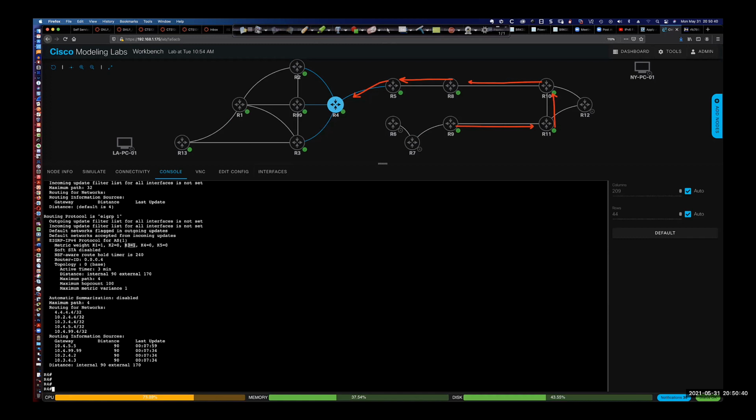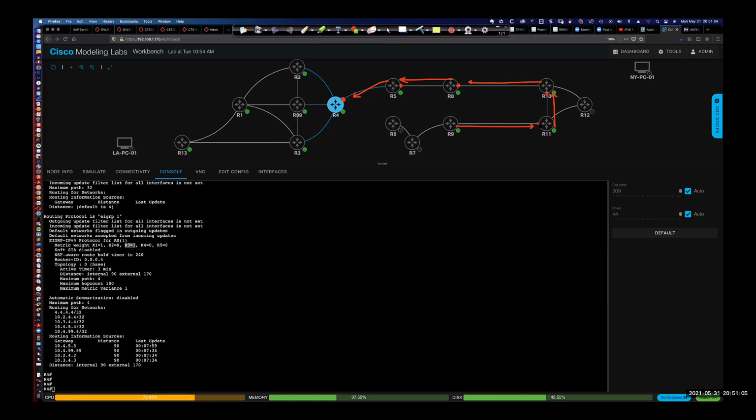Now, with the delay, it's the cumulative delay. In other words, from router 4's perspective, and this is very important to understand, the delay on the outgoing interface here, the outgoing interface here, it's only the outgoing interfaces that are calculated up.